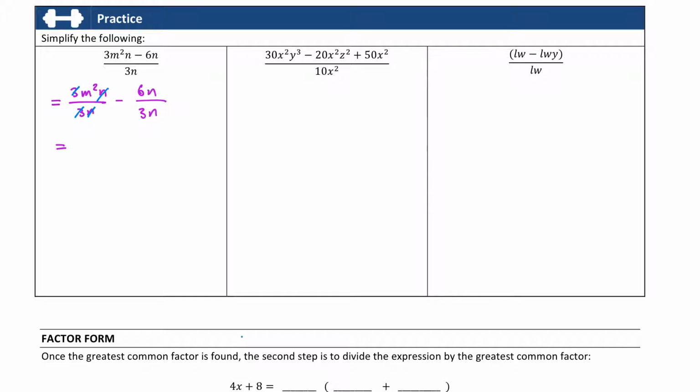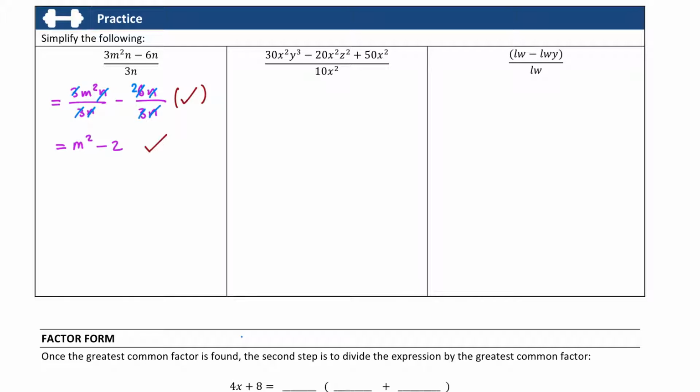And n cancels out with n, and I'm left with m squared minus 6 divided by 3 is 2. n divided by n is 1, and 2 times 1 is 2. For a question like this, you have to show your final solution and an optional check mark here to show your steps.